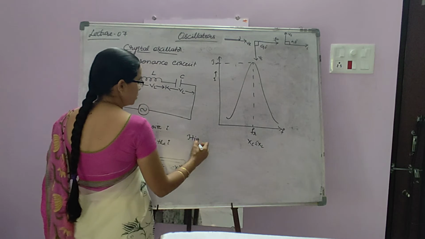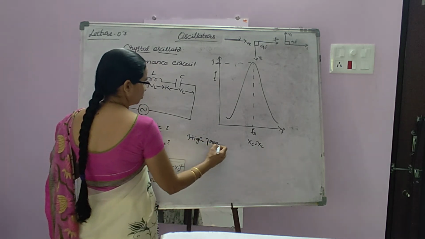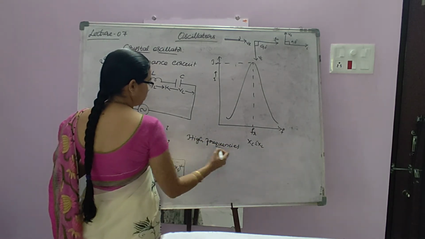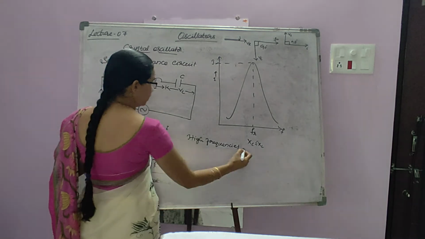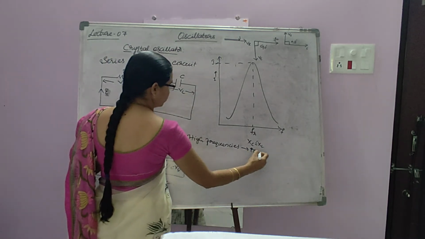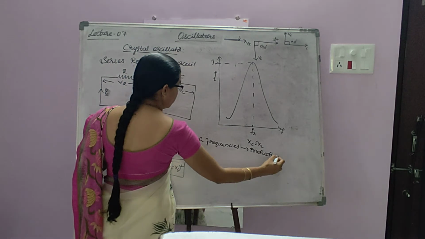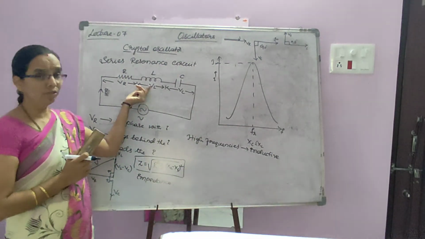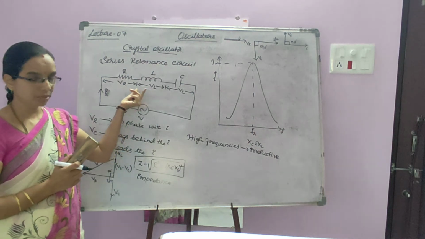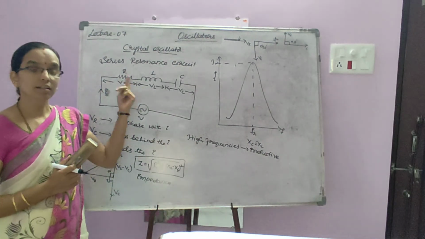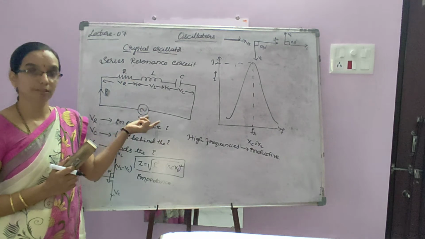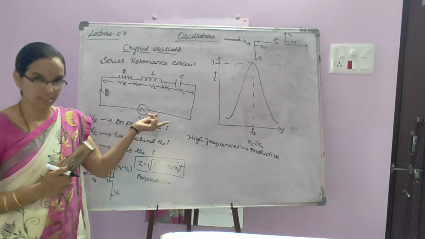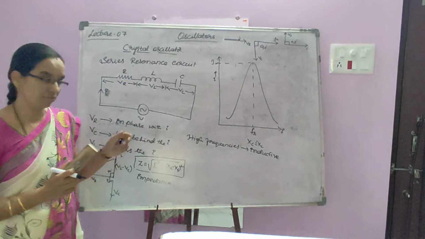For high frequencies, the circuit behaves as inductive because the opposition to the current flow is more from the inductance, because as the frequency increases, the inductive reactance also increases. It is directly proportional to the frequency.